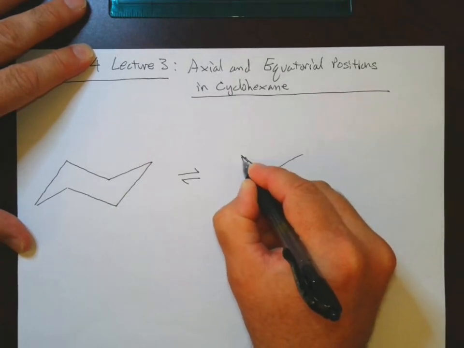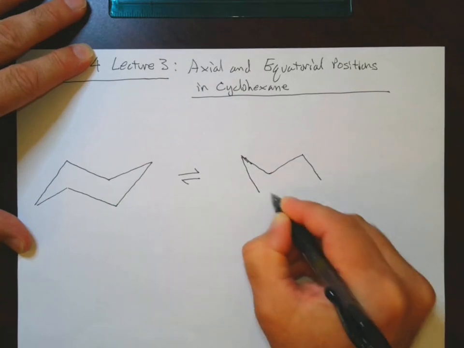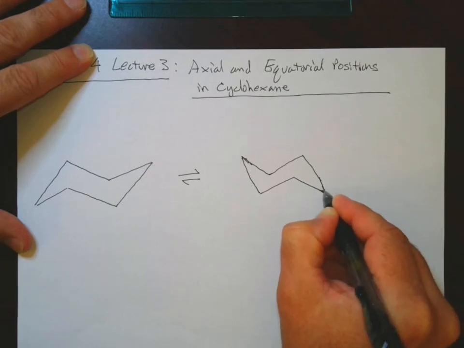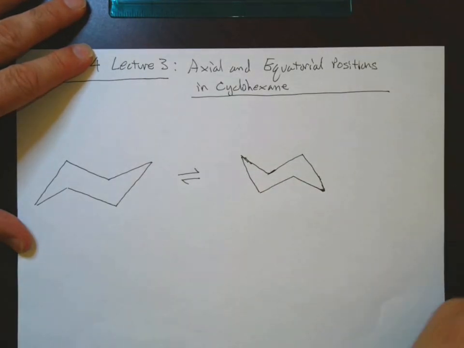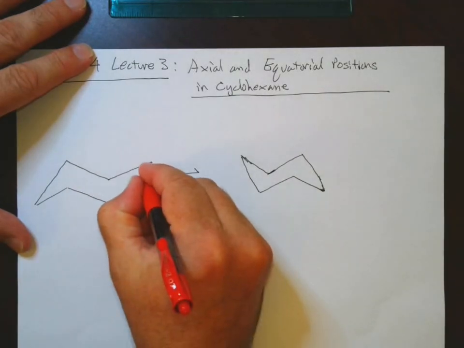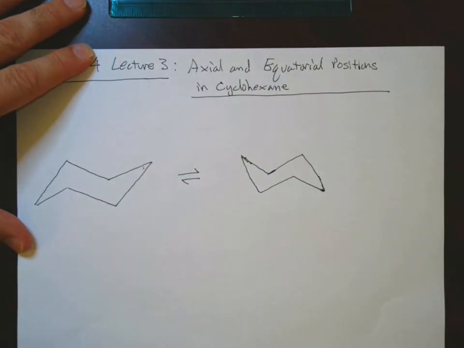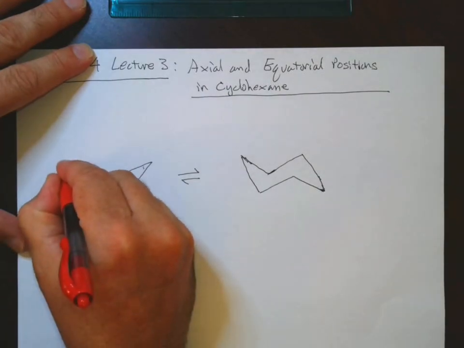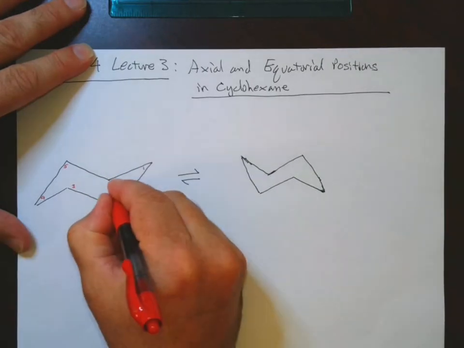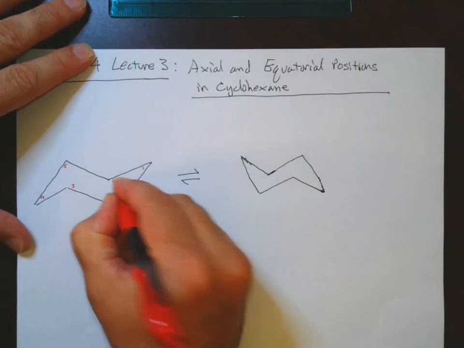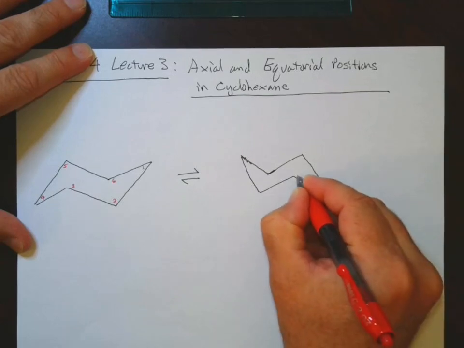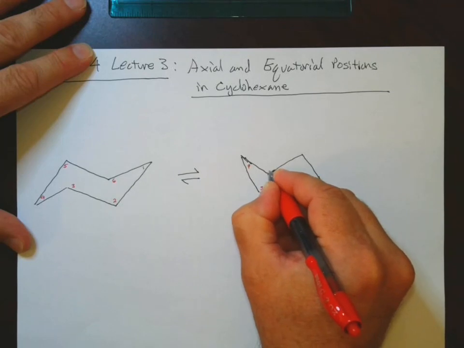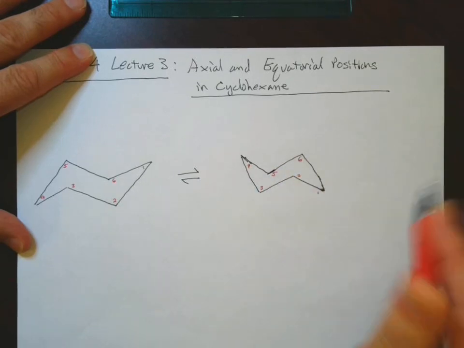It's not so good here. There we go. And let me go ahead and number these carbons here. 1, 2, 3, 4, 5, and 6. 1, 2, 3, 4, 5, and 6.